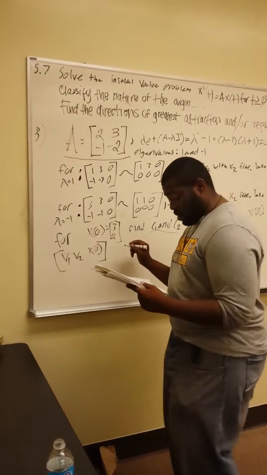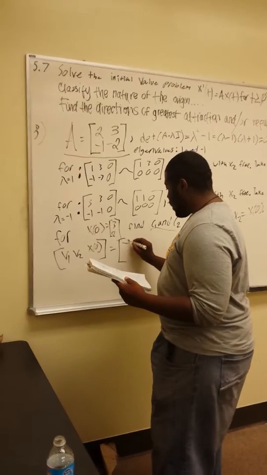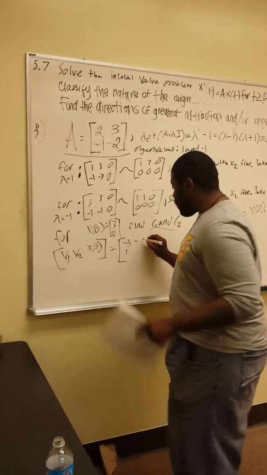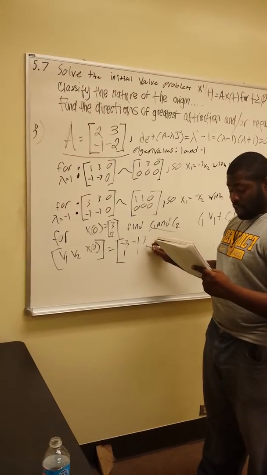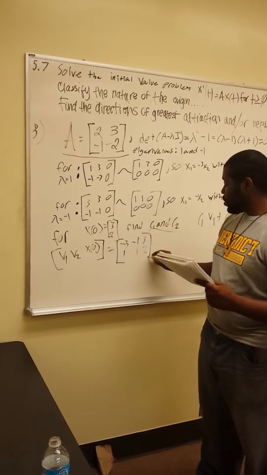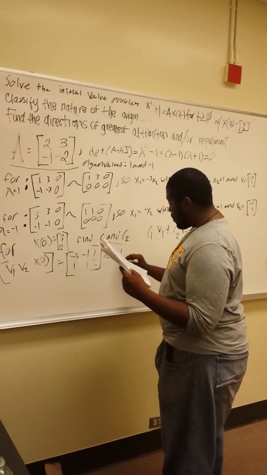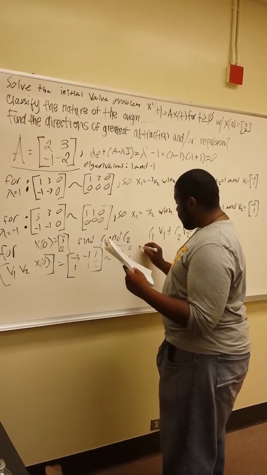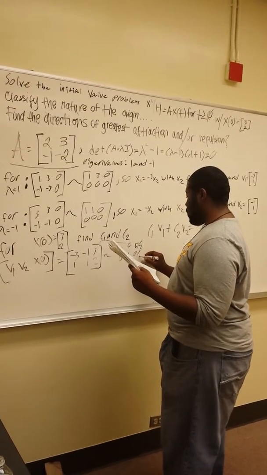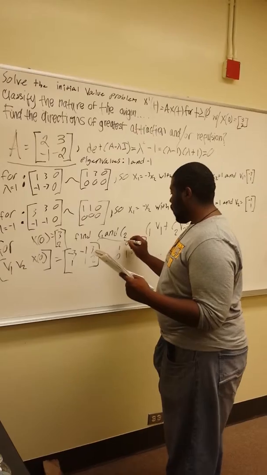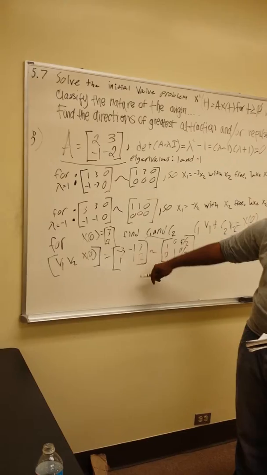This is what we're going to write right here: [-3, -1, 3; 1, 1, 2], which translates to [1, 0, 5/2; 0, 1, 9/2]. And that's v1, v2, x of 0.